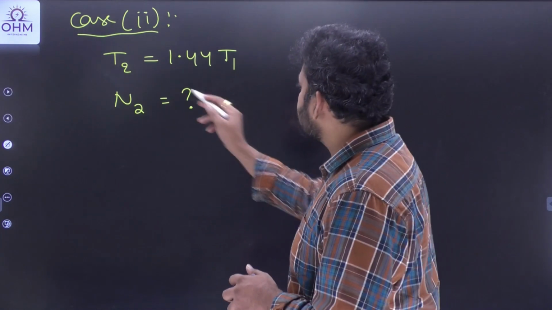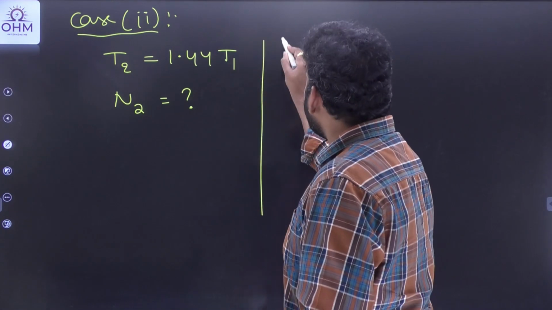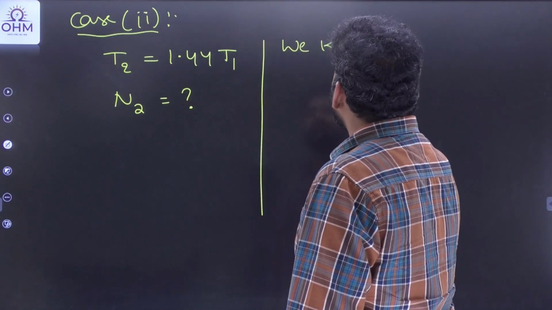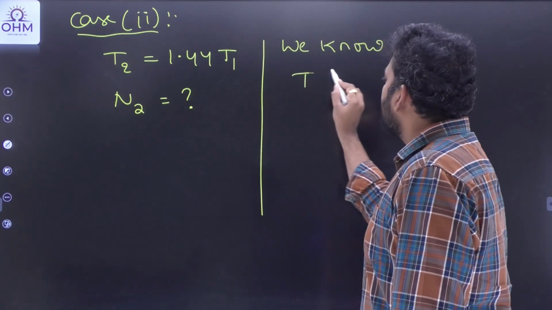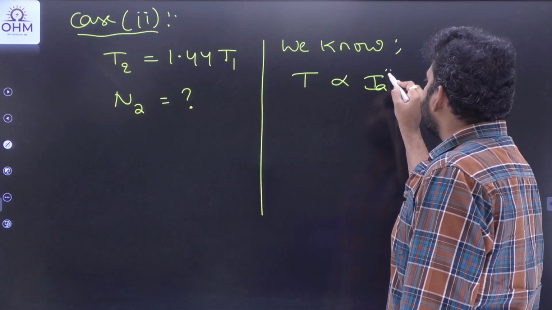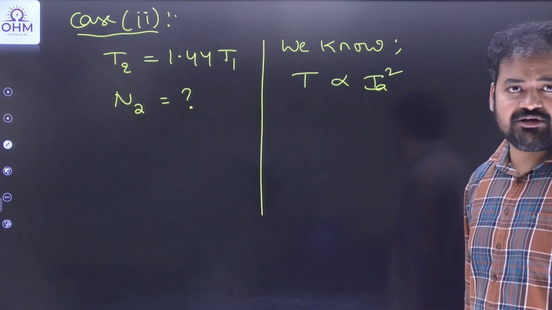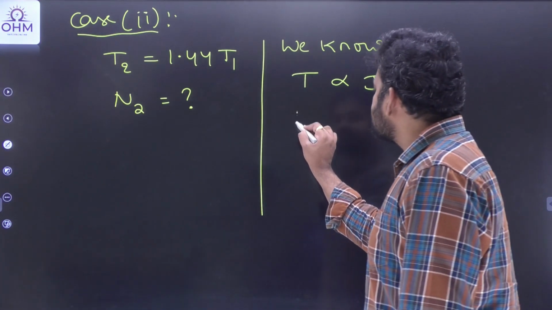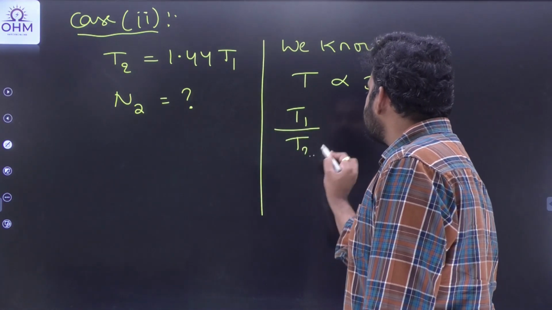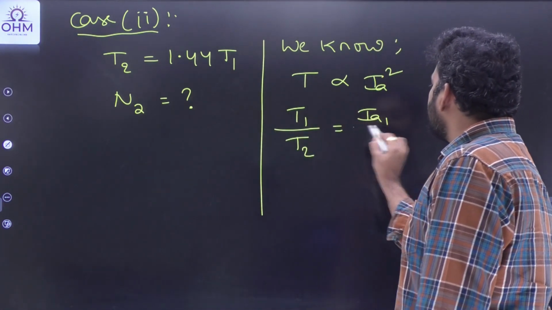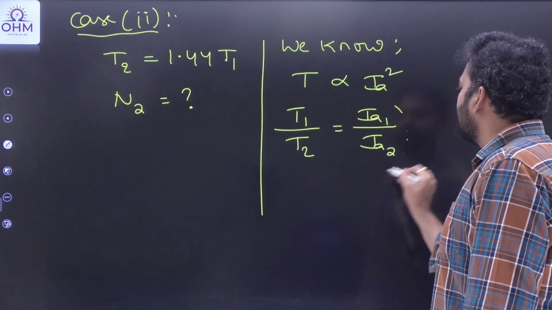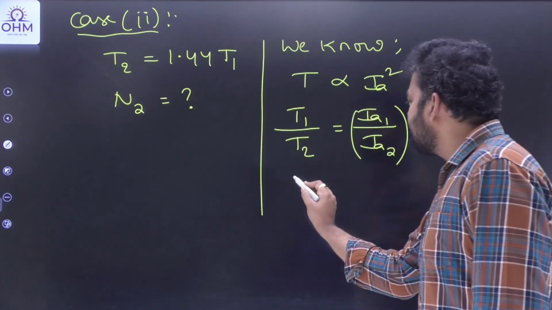And what is the torque equation we know? We know in a series motor, torque is always proportional to Ia square because saturation is neglected. So from this, T1 by T2 is equal to (Ia1 divided by Ia2) whole square. What is T2?